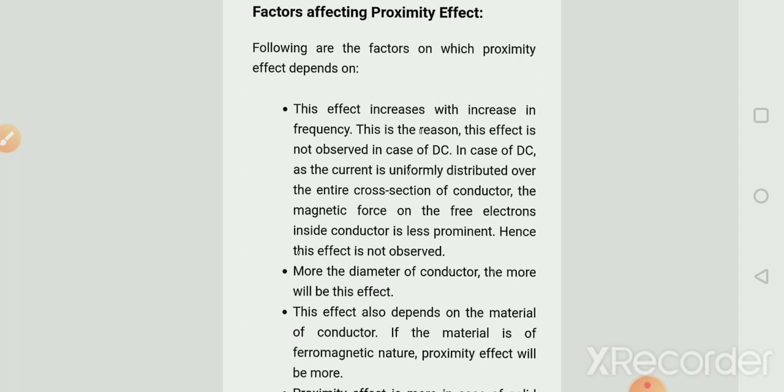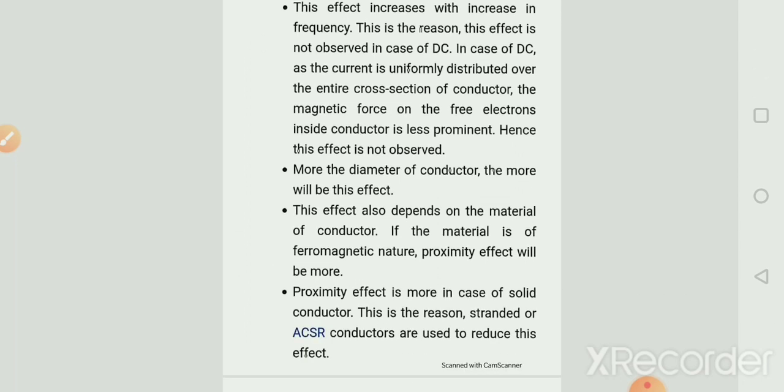If the AC frequency is increased, the magnetic flux is changed, due to which we can observe that the current density is also related to the magnetic flux, because magnetic flux is dependent on the inductance, so that's why it is affected by the AC frequency.